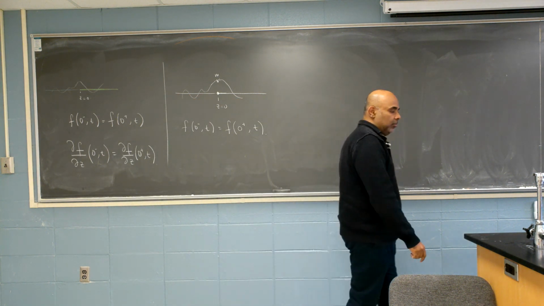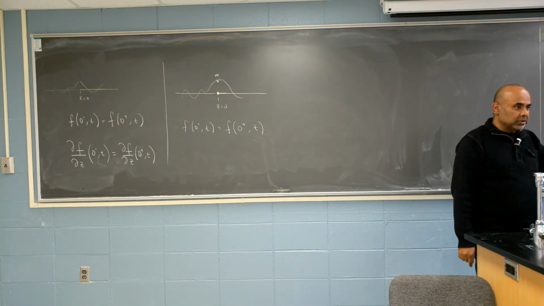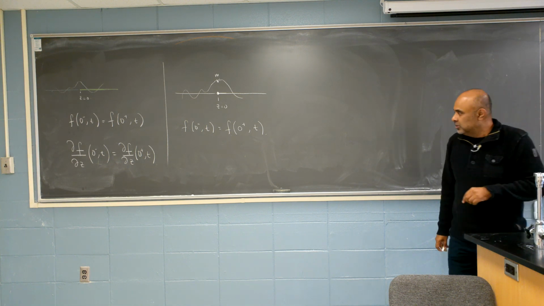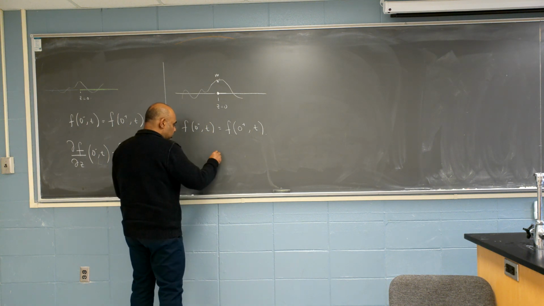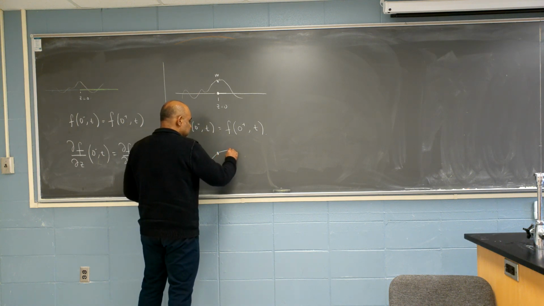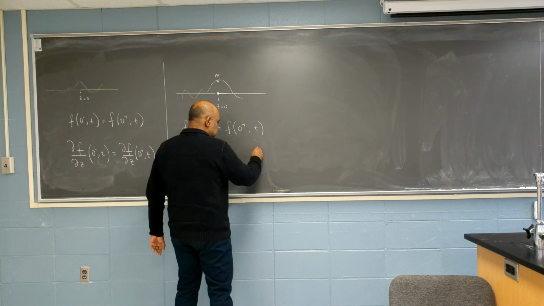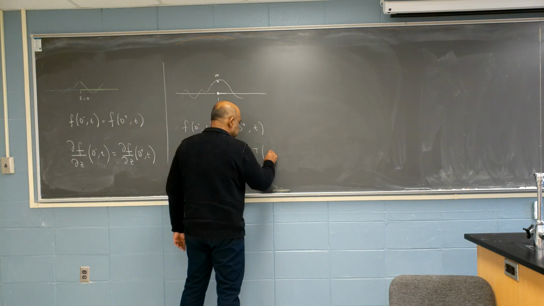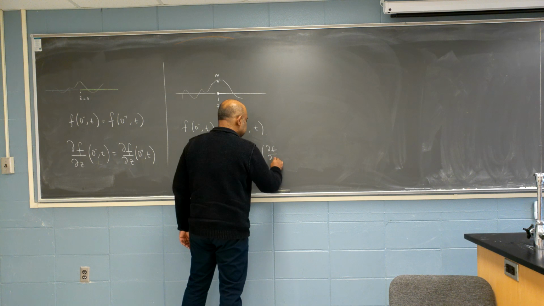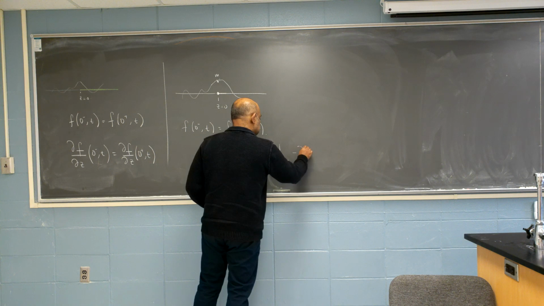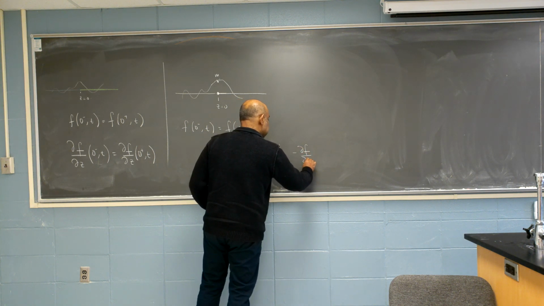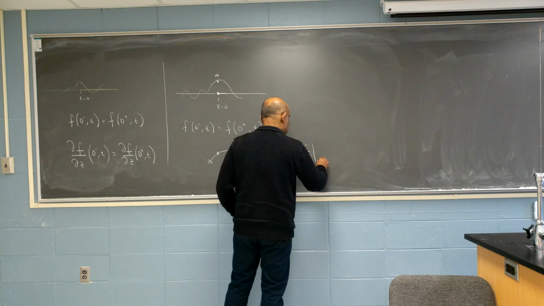But there is a net force on the mass. If you look at the mass over here, there's a force in this direction, perhaps, and there's a force in that direction. And we know these two forces. This is T times dF/dz at 0 plus, minus dF/dz at 0 minus.